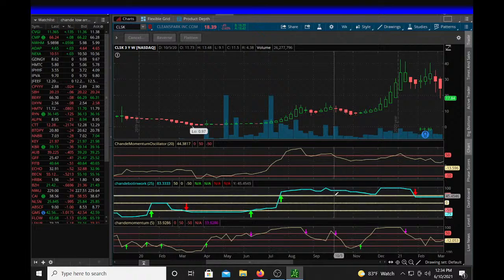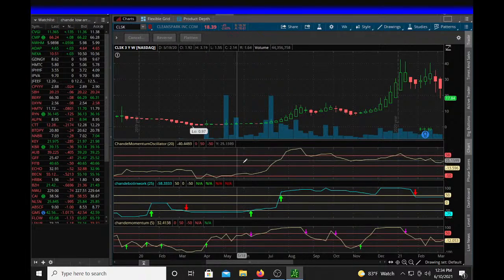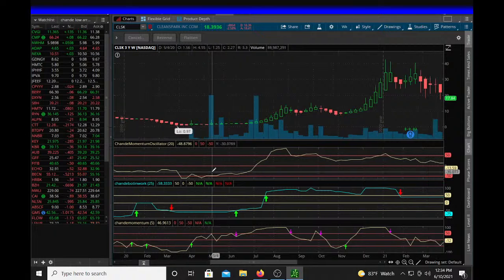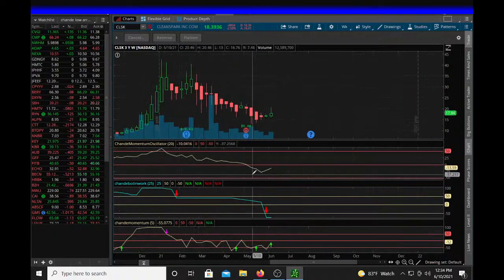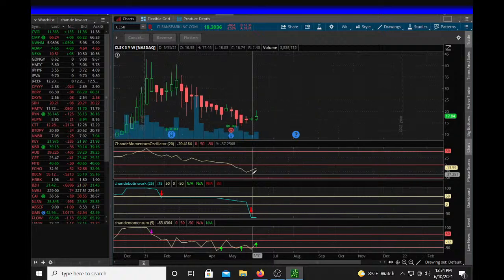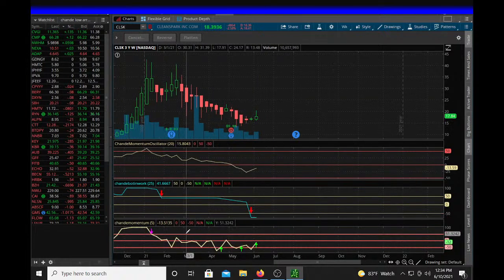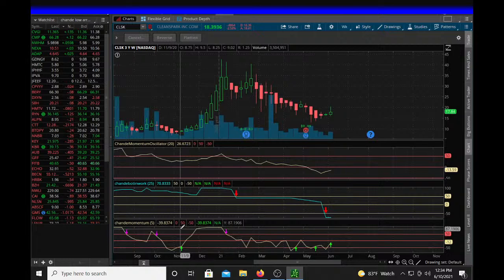Now, this one is the standard Chande momentum oscillator that you find on Thinkorswim. And then this one here is a custom study.